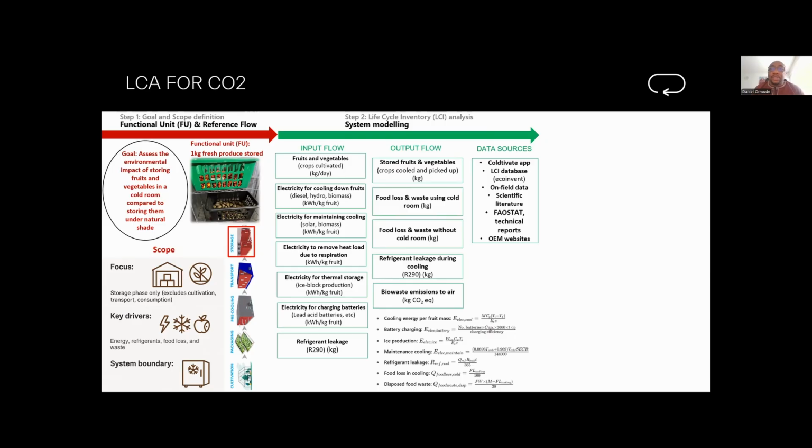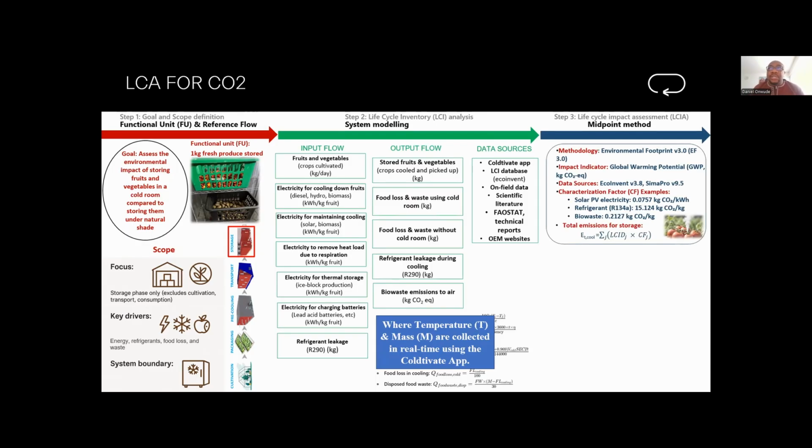Also note that the temperature in the equation is collected from the app. So not just temperature, even the mass, which is the volume of the produce stored in the cold room. So if you would like to revisit the definitions of functional unit, input flow or output flow, and so on, you can find them in the FAQ under this video in the onboarding toolkit.